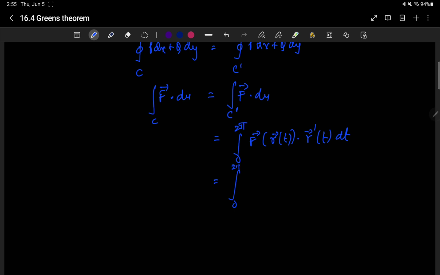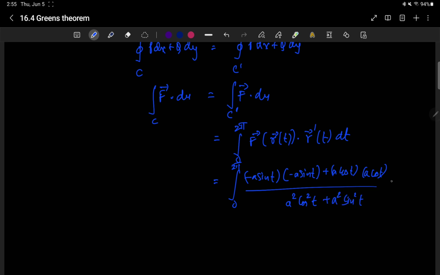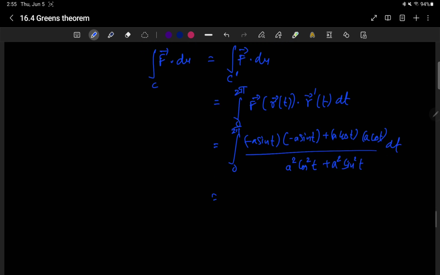So you plug in the values, you get negative a sine t plus a cosine t divided by x squared plus y squared, which is a squared cosine squared t plus a squared sine squared t, dt. And what happens is, again, the same story. At the top and the bottom, cosine squared t plus sine squared t is 1. And again, sine squared t plus cosine squared t is 1. And a squared cancel out, so you are left with 1 dt, which is 2 pi.